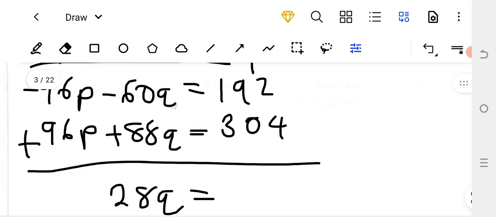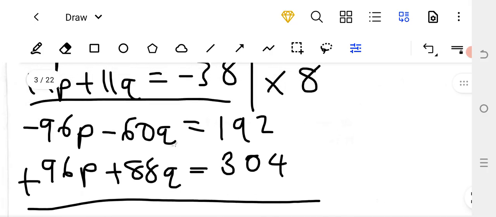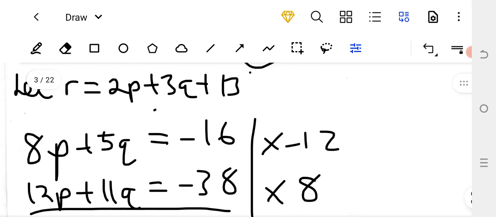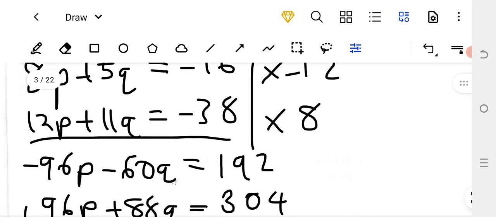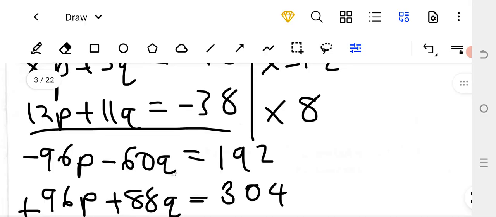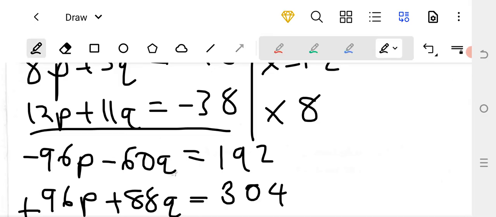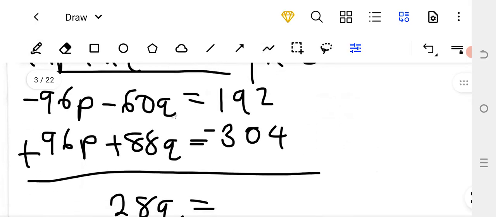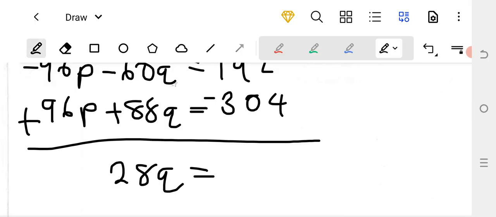If you look very closely, we had a negative 16 here, and then here we had a negative 38. So here there's supposed to be a negative sign. So 192 minus 308 is going to give you a negative 116. So it's got to be negative 116.